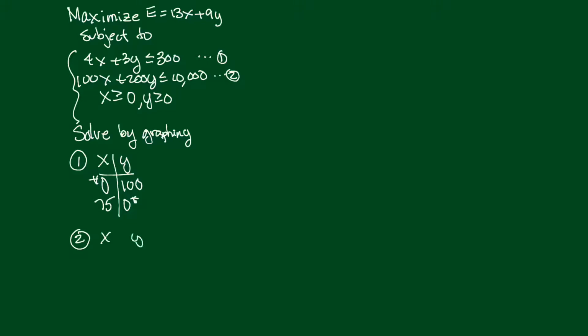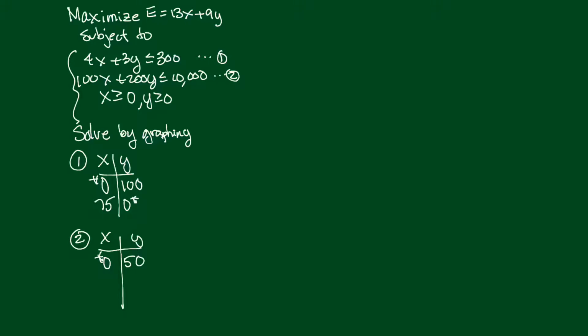So x and y. Now I'm going to choose x to be 0. When I choose 0 for x, I put that 0 into the second inequality, right here. 100 times 0 is 0. That term is gone. That's why it's nice to use 0. Terms disappear. And then you get 200y less than or equal to 10,000. So what happens here? 200 into 10,000 turns out to be 50.